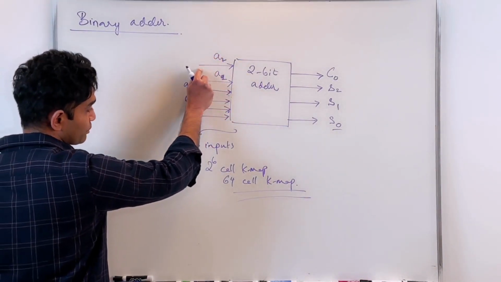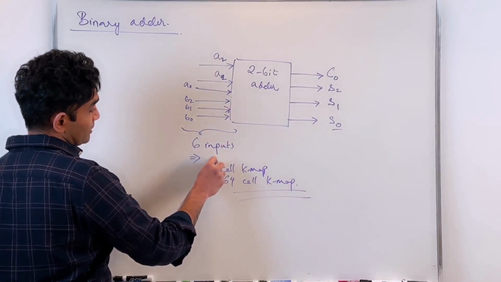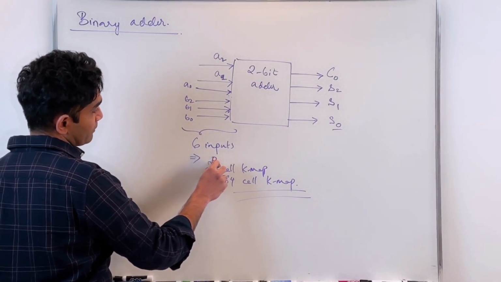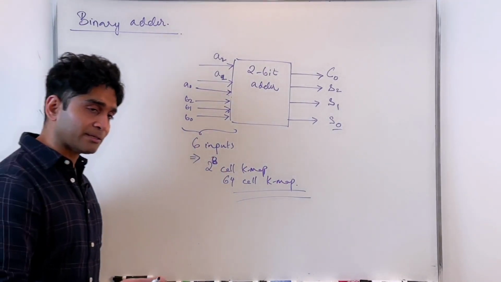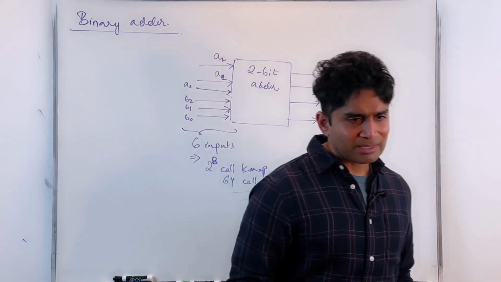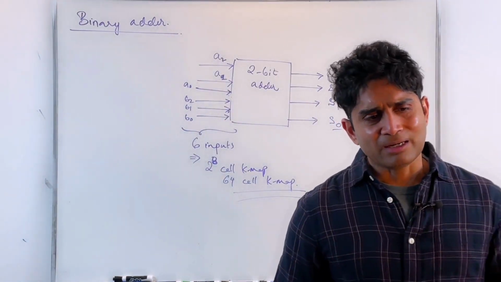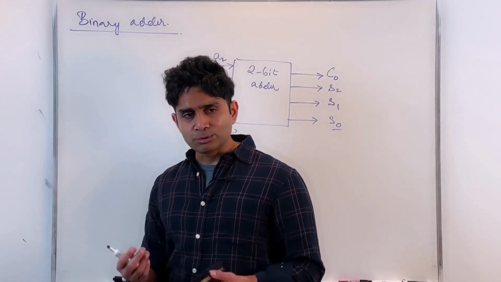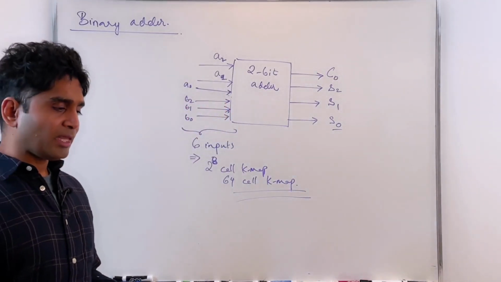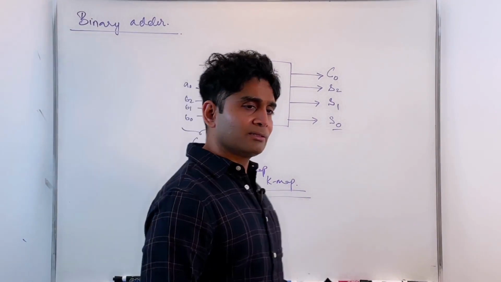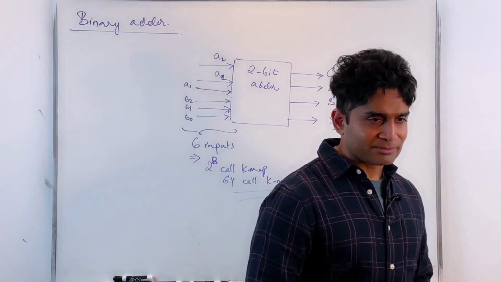I would have 8 inputs, right? That means I would need a 2 power 8 cell K-map, and after this stage it just doesn't get practical. You just cannot use the K-map approach and try to design your adder using the fundamental gates this way.